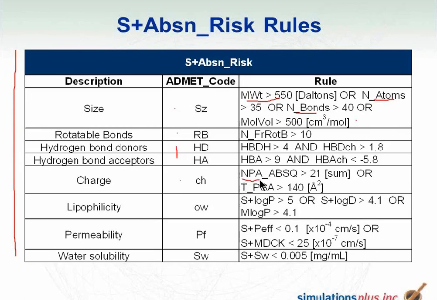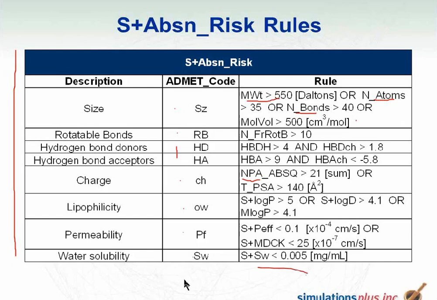This is calculated from a natural population analysis based on our Huckel molecular orbital calculations in EEM, and then lipophilicity, too high octanol water partition coefficient, low permeability, and then also low solubility would be flagged as a liability.